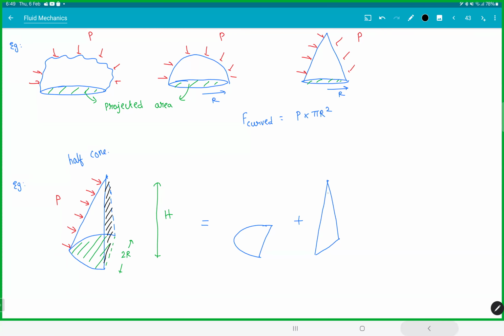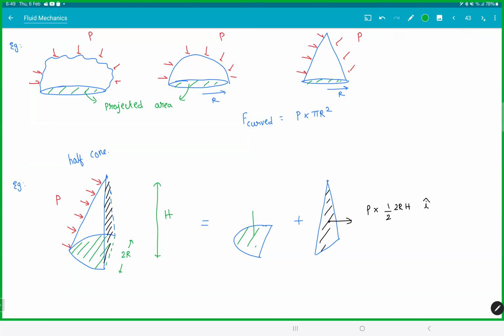So on the triangle, what is the force? Pressure. Now, P is constant everywhere. So P into area is half into base into height. This is i cap. This will be pushing down. This is pressure into area, pi r square by 2, for the half disk, minus j cap.